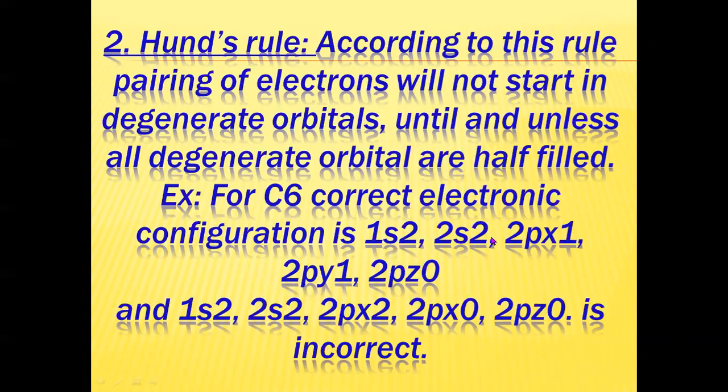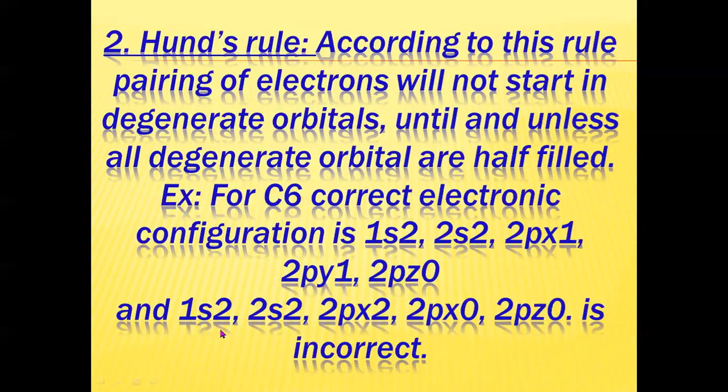Means 2 plus 2, 4 electrons are accommodated in 1s and 2s. Then the fifth and sixth electron will be accommodated in 2px and 2py, 1 electron each, and the 2pz orbital will be empty, with no electron in it. This is the correct way to write the electronic configuration for carbon atom.